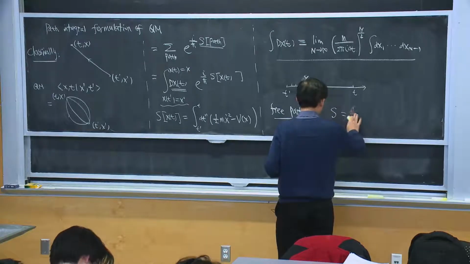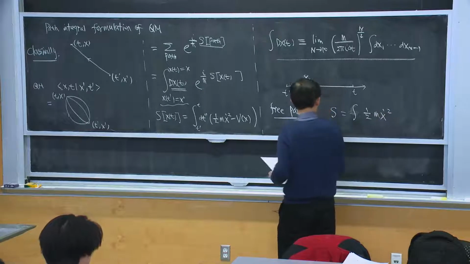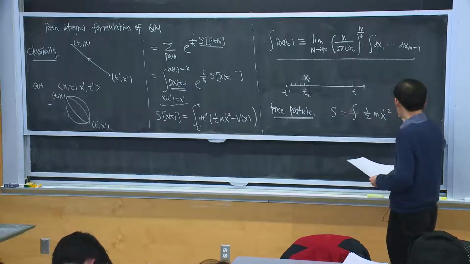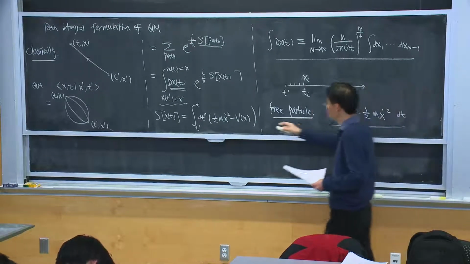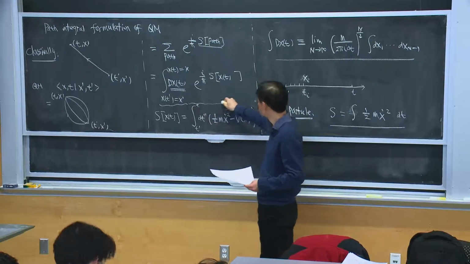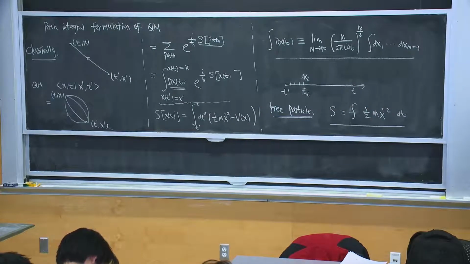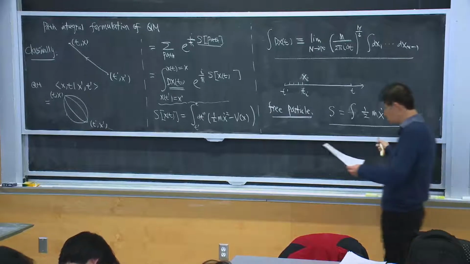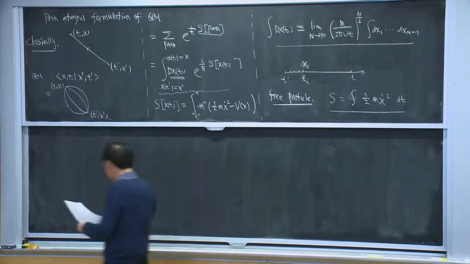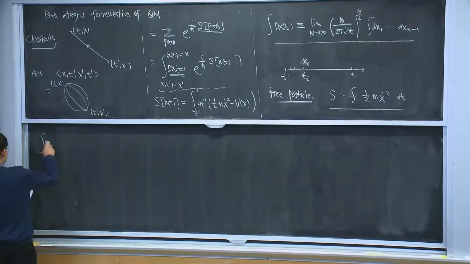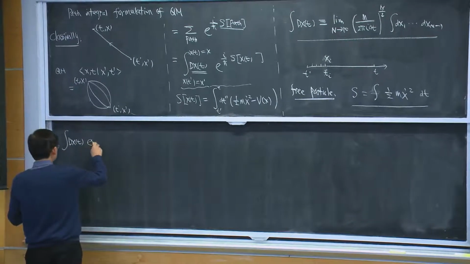It's just the integration of one half m x dot squared. So when S is equal to this, this is like a Gaussian integral, because it is quadratic in x. So in this case you have a Gaussian integral, and then schematically you have something like this.